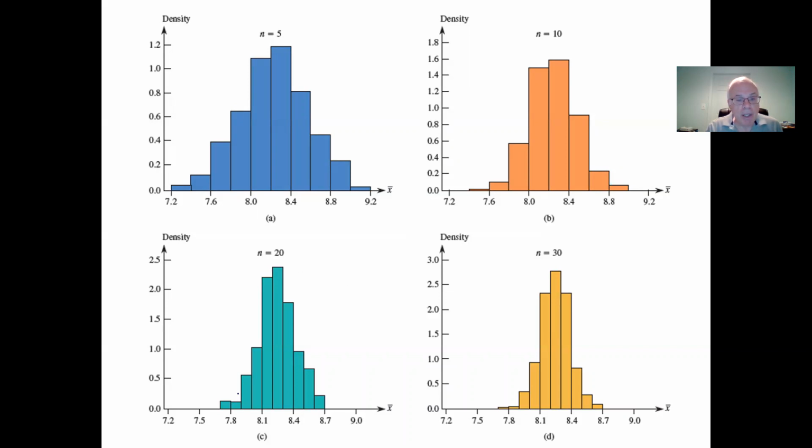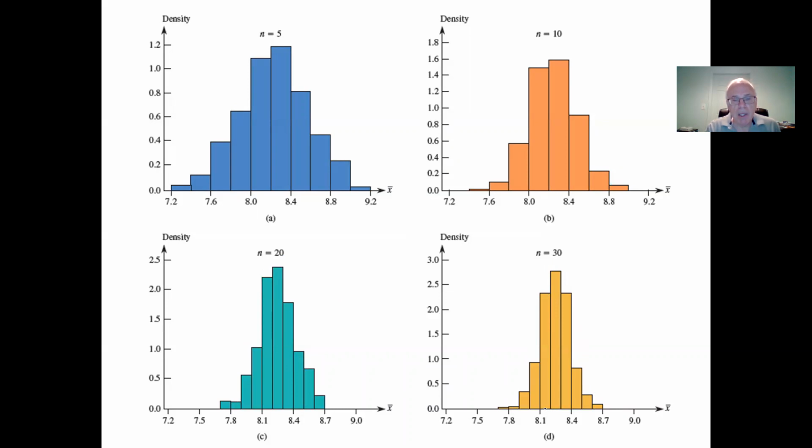N is equal to 20. Again, it looks approximately normal, but notice that the range is even narrower, right? And then for N equal to 30, it actually looks beautifully normal, and it has an even narrower range.